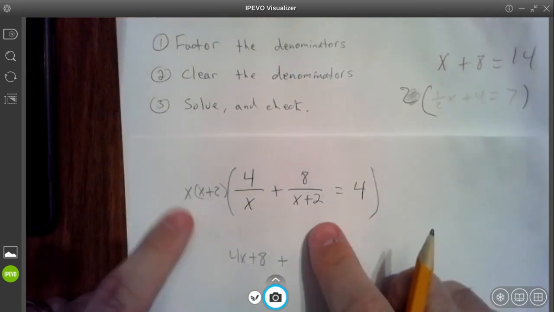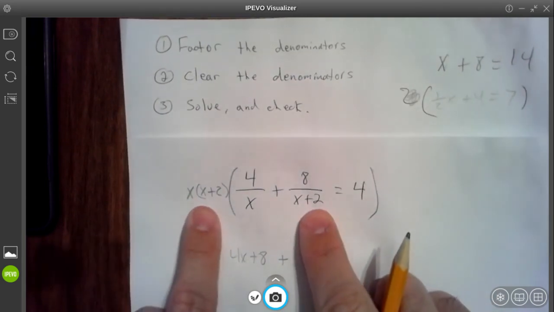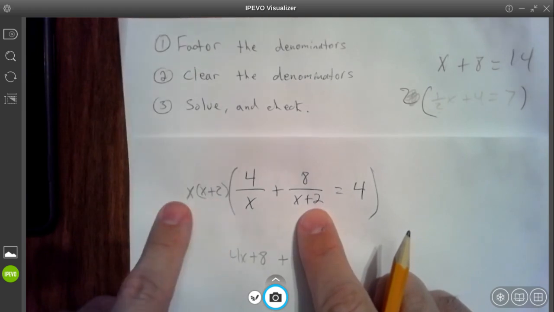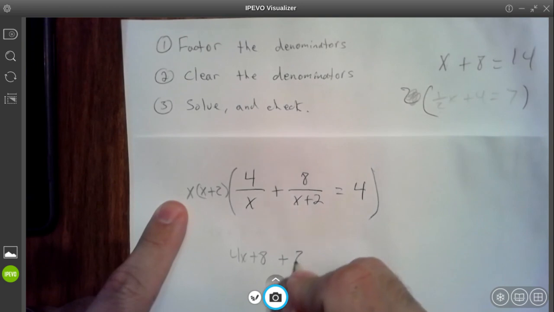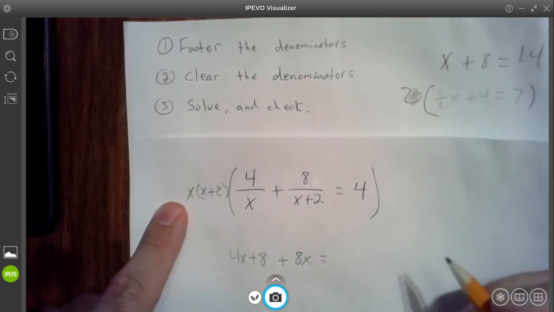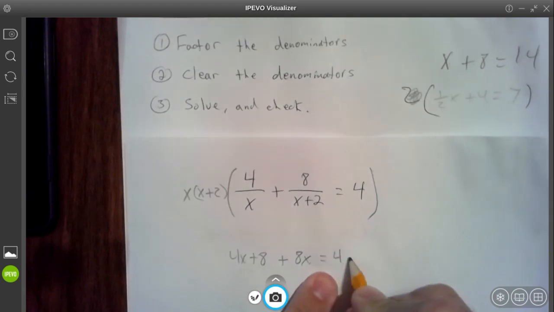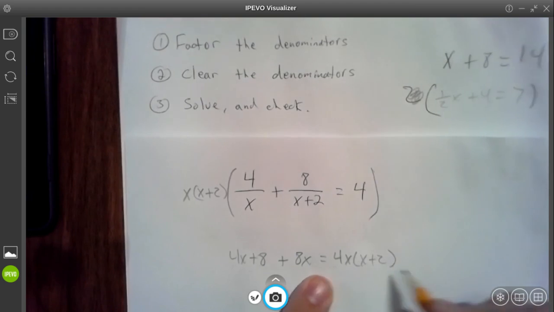For this times this term, the x plus 2 parts will cancel, and that leaves me with an x times an 8, so 8x. And for the last part, there's nothing in the denominator, so nothing cancels. It's just going to be 4 times x plus 2.